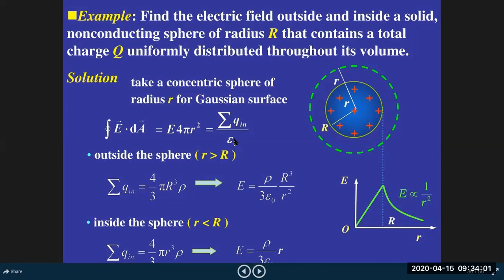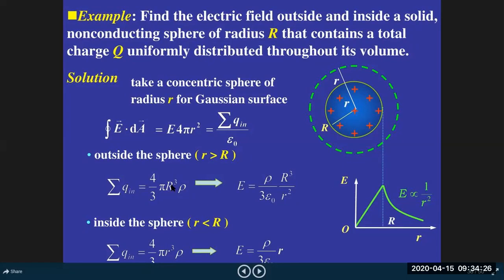Outside the sphere, the electric field will be capital Q upon 4 pi epsilon naught r square. Say this is equation 1. In this case, we see that the electric field is inversely proportional to the square of the distance. And this was the case for outside.